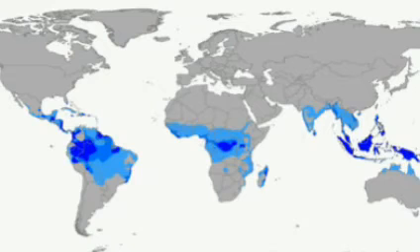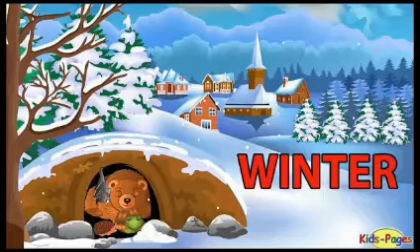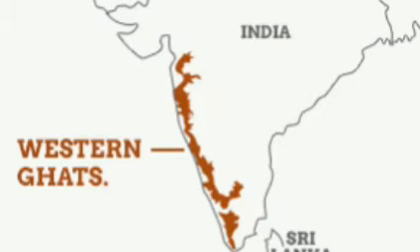As such, North India experiences a tropical climate even during winter. During the southwest monsoon, areas on the western slope of the Western Ghats receive heavy rainfall.